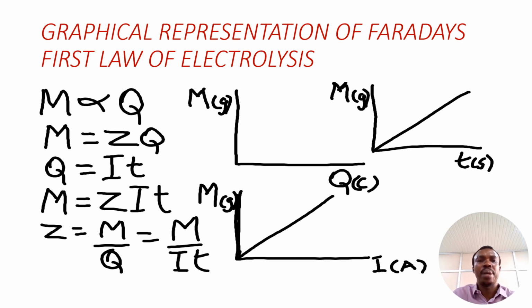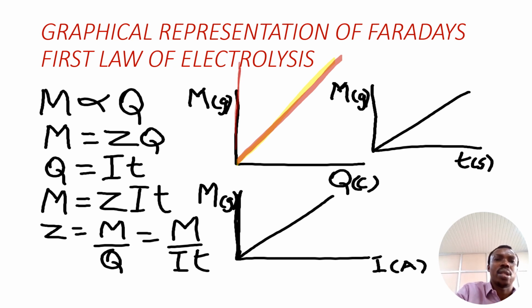Graphically, we can represent Faraday's first law of electrolysis. If you plot a graph of mass against quantity of electricity, you have a straight line graph, showing that M is directly proportional to the quantity of electricity that passes through. If you plot a graph of mass against the current, you have a straight line graph. If you plot a graph of mass against the time, you have a straight line graph.